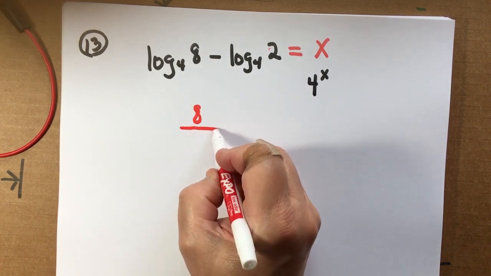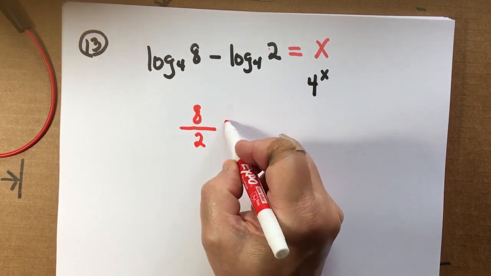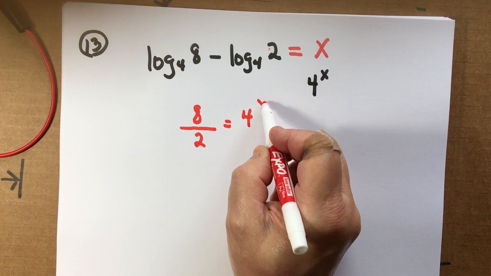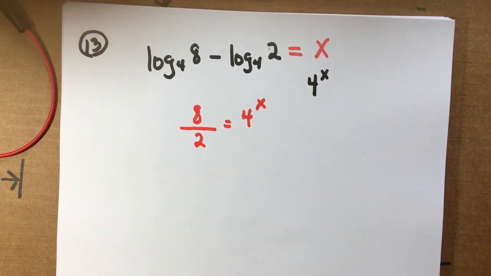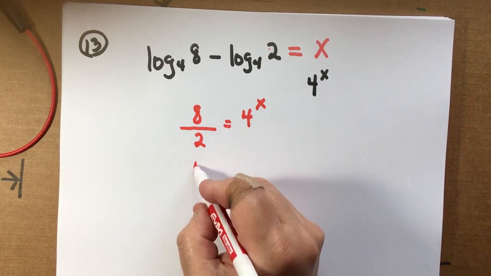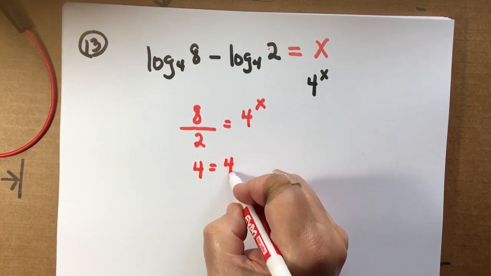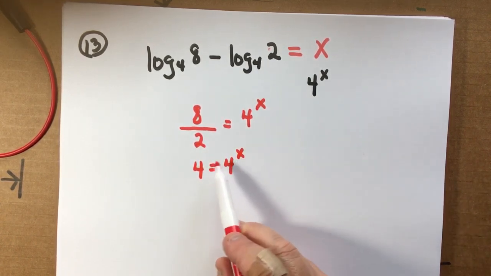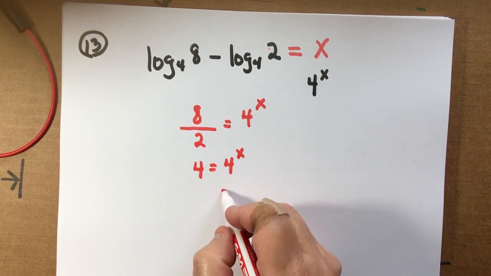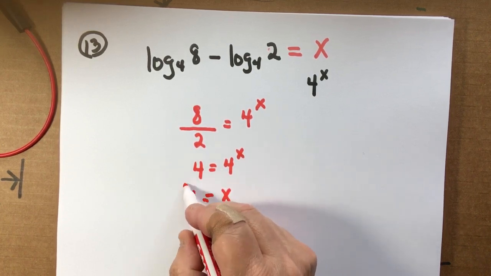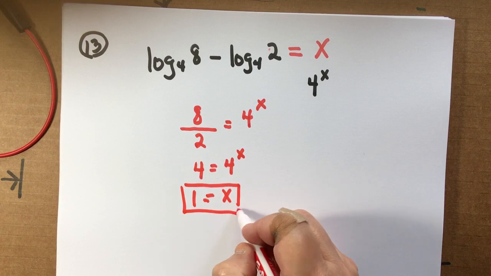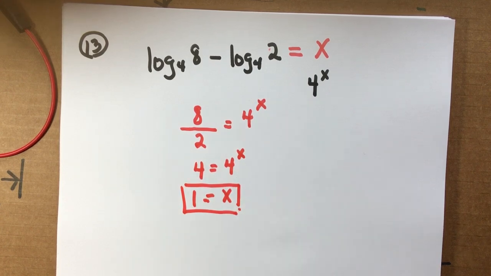Oh, they're subtracting logs, therefore they're dividing. 8 over 2 equals 4 to the x. 4 equals 4 to the x. 4 to what exponent equals 4? If you said 1, you'd be correct. Go over that one a few times.